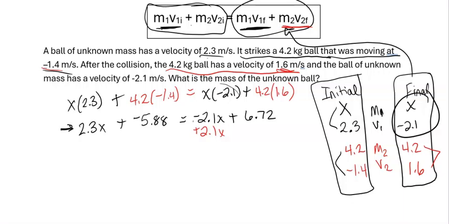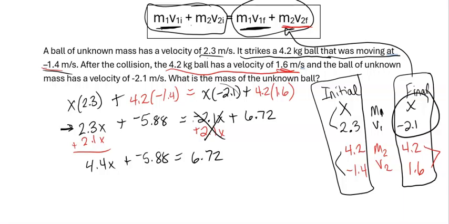So I'm going to add 2.1x to both sides, and that's going to give me 4.4x. Okay, so 4.4x plus a negative 5.88 equals 6.72. So I've moved my x's over.